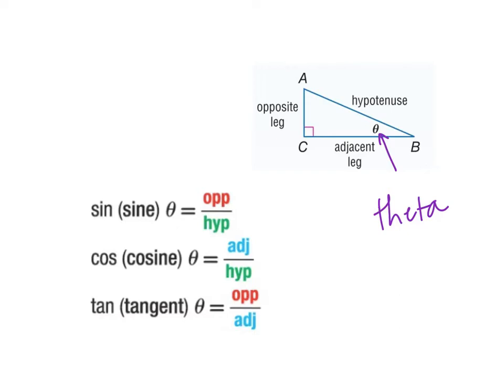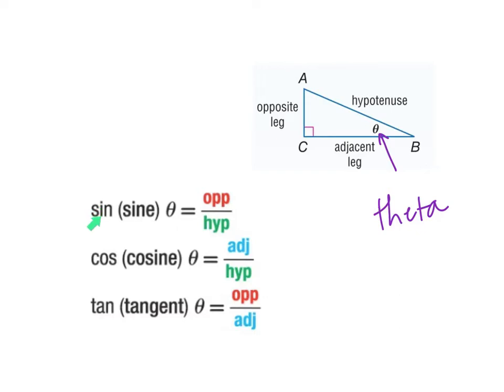That's the angle that we're talking about, and this theta gets used a lot. It looks like a sort of slanted zero with a line through it. Notice if we're over here at angle B, theta, the opposite side is here, the adjacent side is here, and the hypotenuse is here. So this is just another representation of what we've just been looking at.